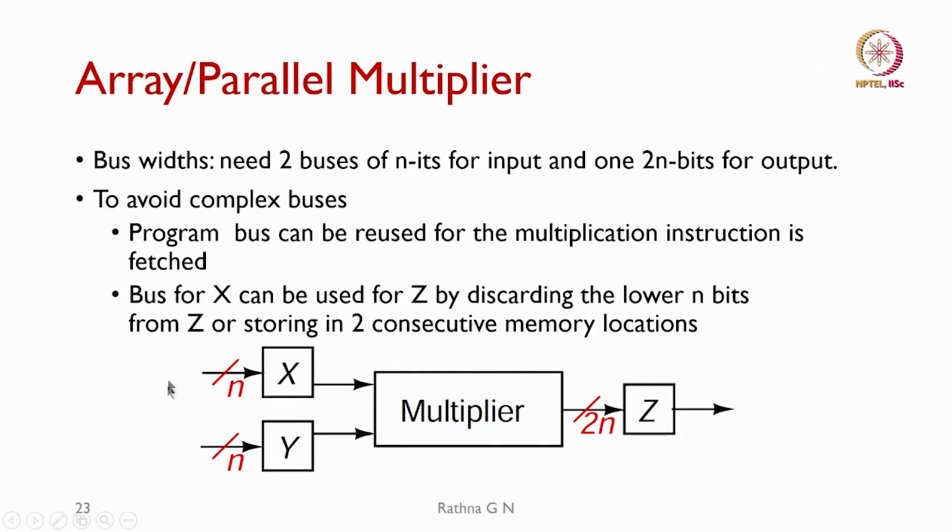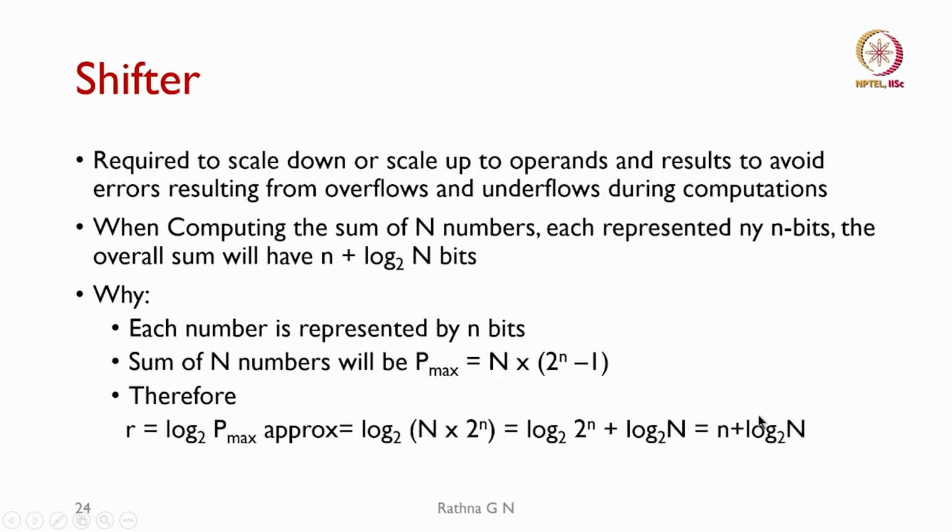I have to do it in 2 clock cycles, which is going to slow things down. So, in most DSP processors we only store the higher bits, as we discarded the lower bits in our example also. The high n bits, as defined, are stored in our memory through the Z bus.